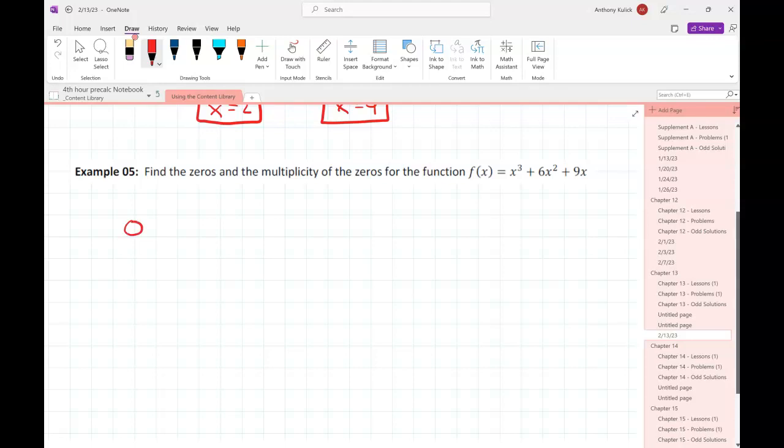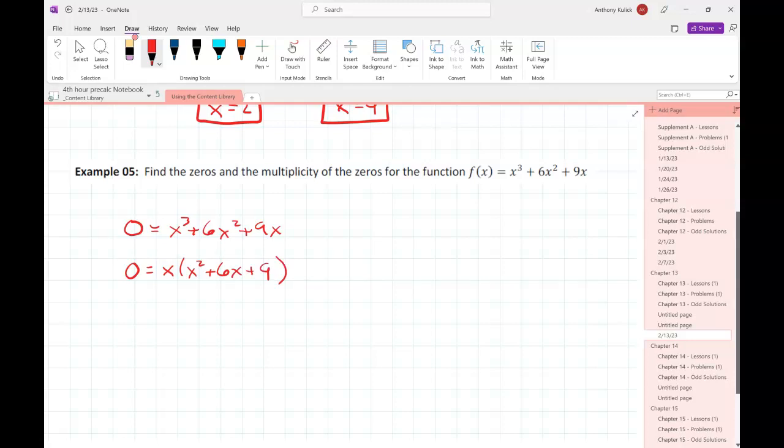Okay. What do you start by doing? Changing f of x to 0. Sure, that sounds good. Then what? Look for a greatest common factor. We see that each term includes an x. So we can take out a greatest common factor of x. Good.